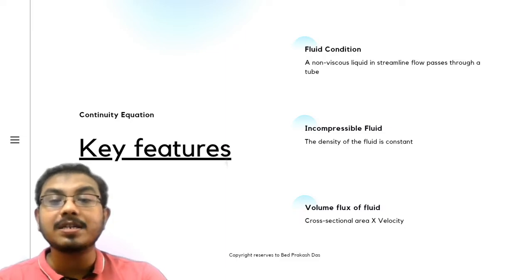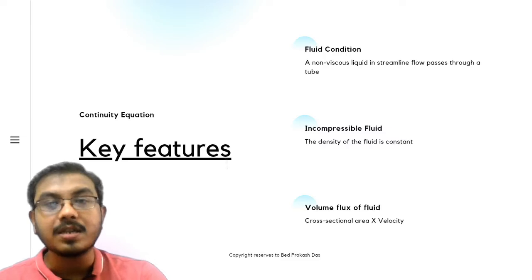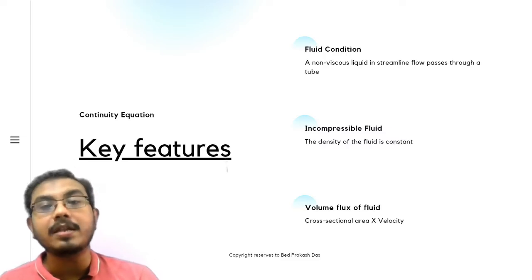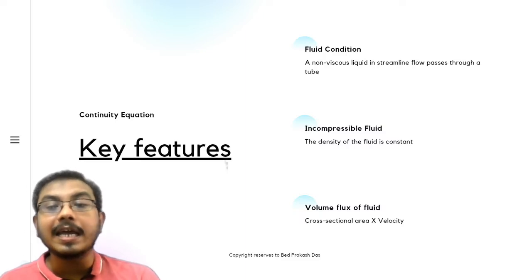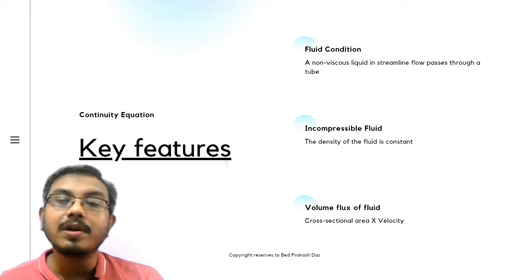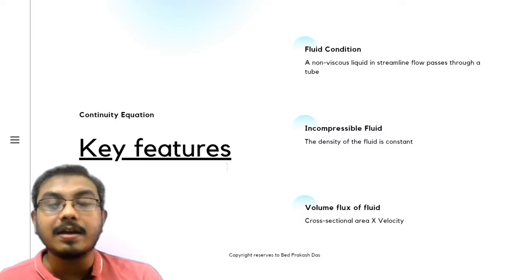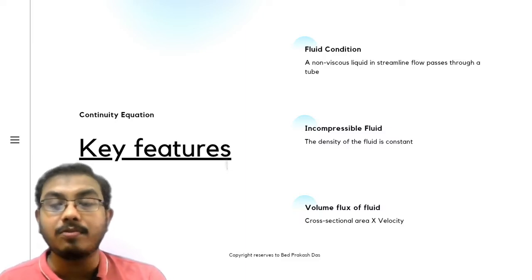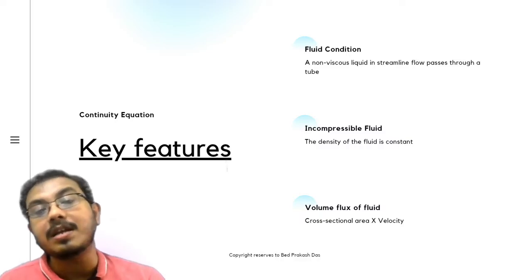Now you have to understand that for maintaining the continuity equation, the fluid should obey some specific conditions: non-viscous liquid, streamline flow, steady flow, incompressible fluid, and the volume flux of the fluid should be constant in nature.